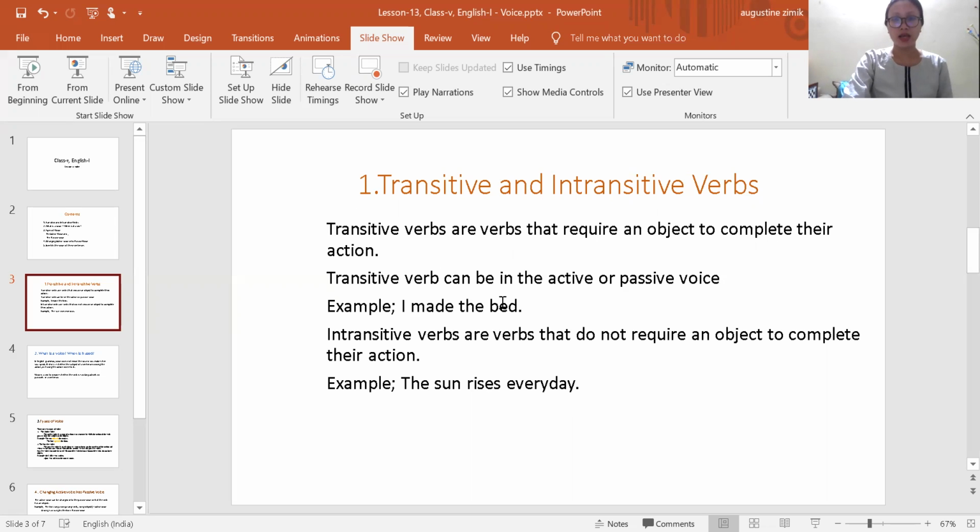Here, the bed is the object. In order to complete the actions, we need an object in what? Transitive verbs. Intransitive verbs are verbs that do not require an object to complete their actions. In intransitive verbs, we don't need what? An object to complete their actions.